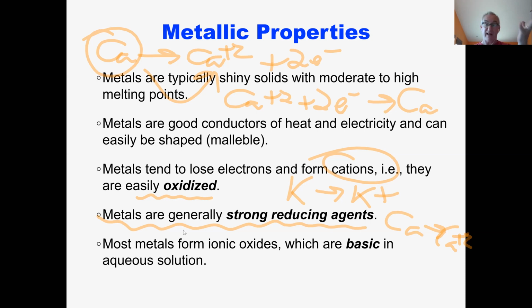Well, when a metal's giving electrons away, somebody else is going to be taking them, like oxygen. Oxygen will go from O2 to 2 O2-, and it takes 4 electrons. One molecule of oxygen will take 4 electrons from somebody and become reduced.